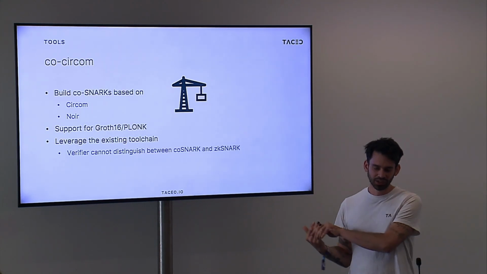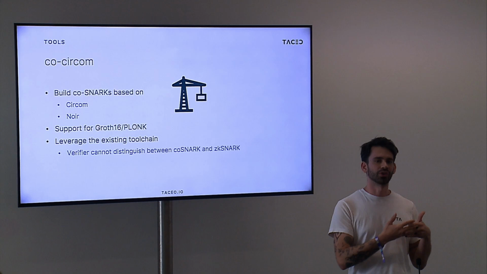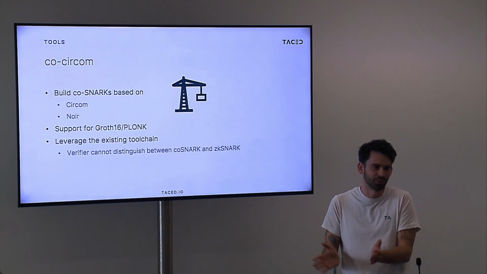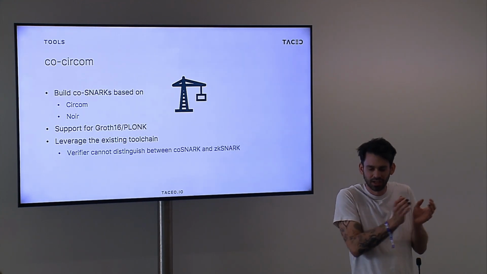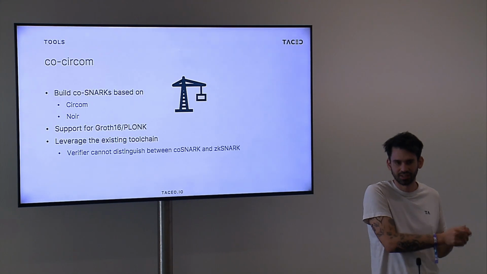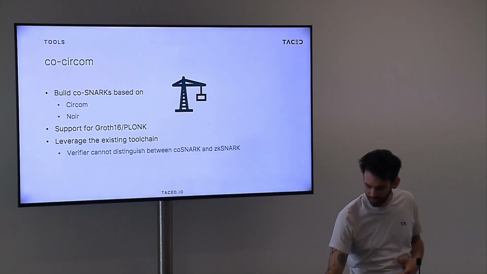So we can utilize the whole toolchain that is already written for Circom and Noir, which means we also get an EVM verifier for free. If you verify your proof with SNARK.js, it works. If you verify the proof with our prover, that works. There's no difference, so that's really cool.